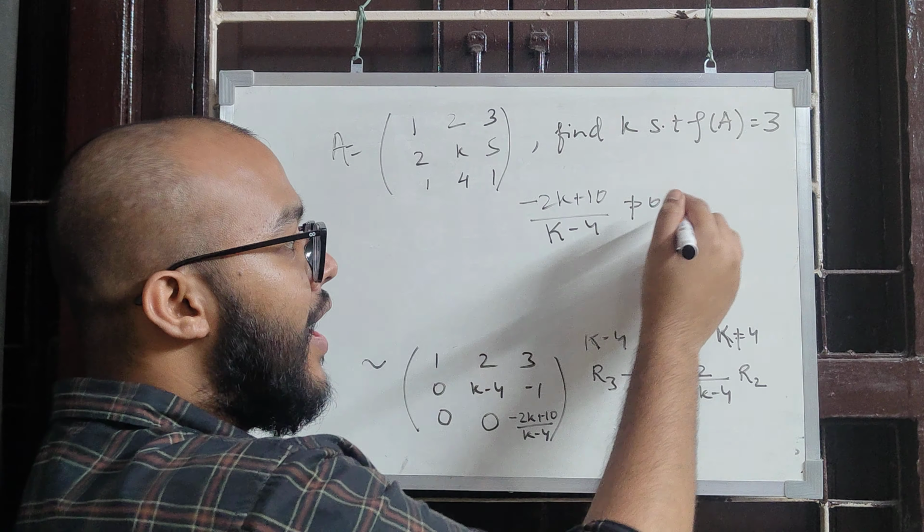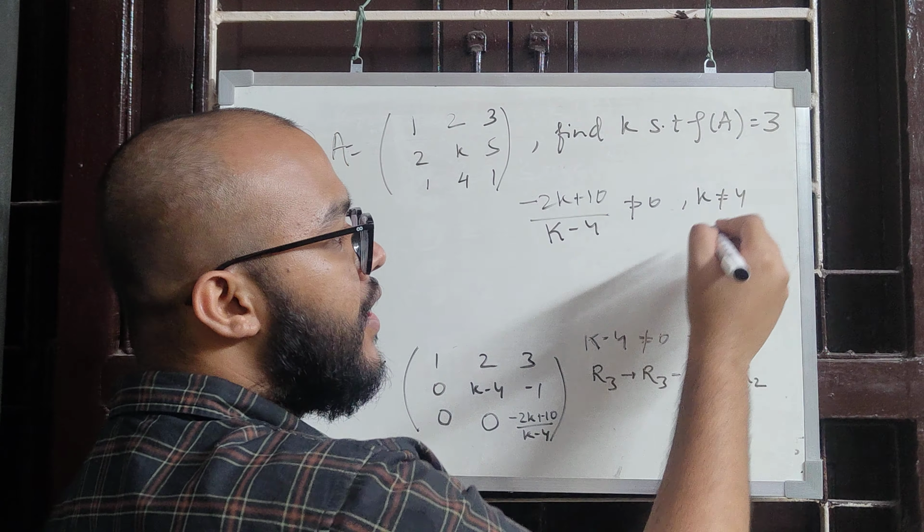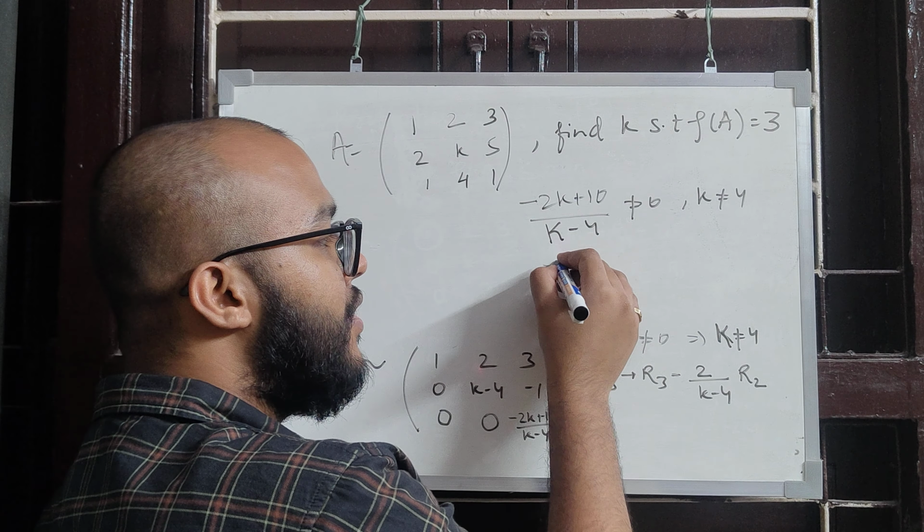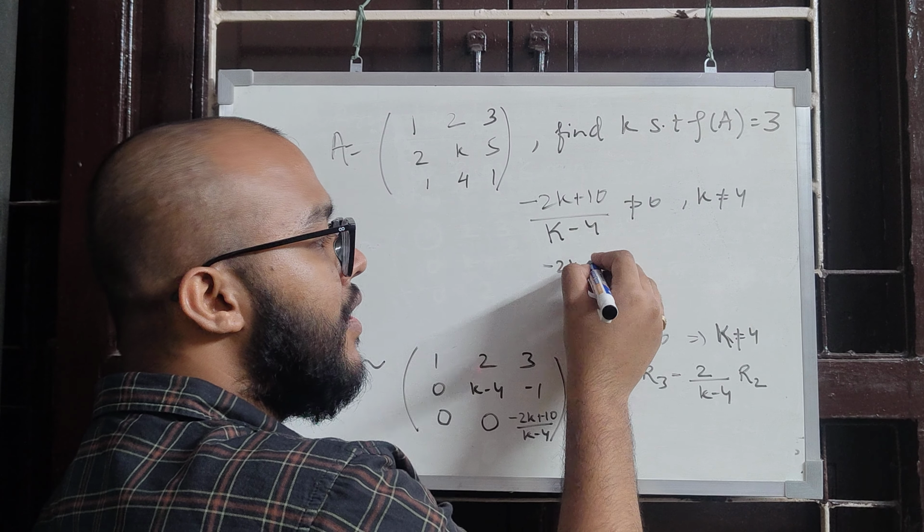Since k is not 4, the denominator will never be 0, so the numerator can't be 0 either. If P is not 0 and Q is not 0, then P by Q is always non-zero.